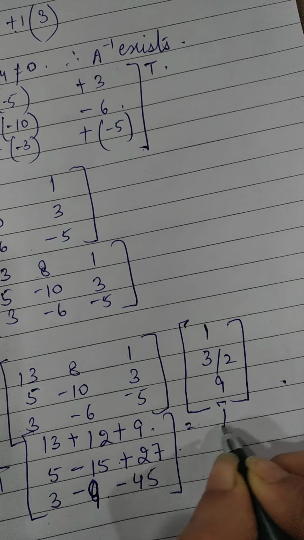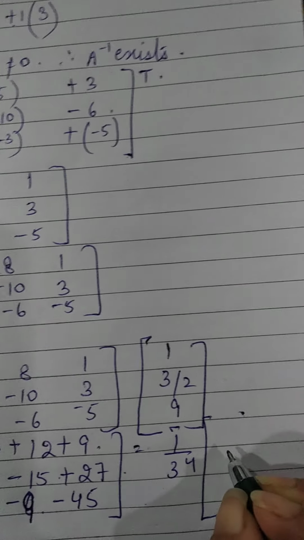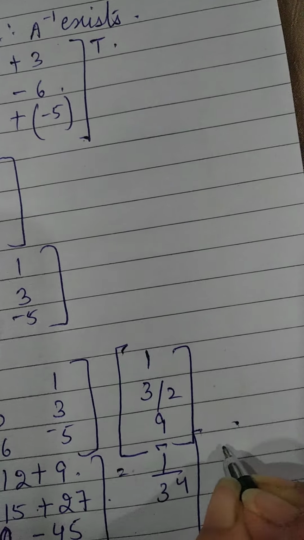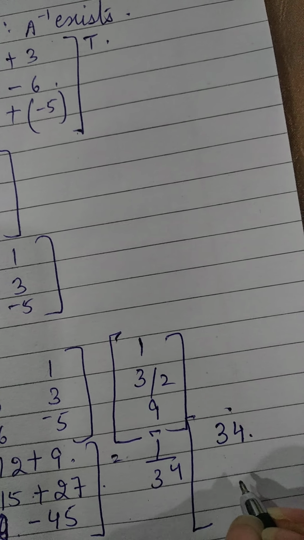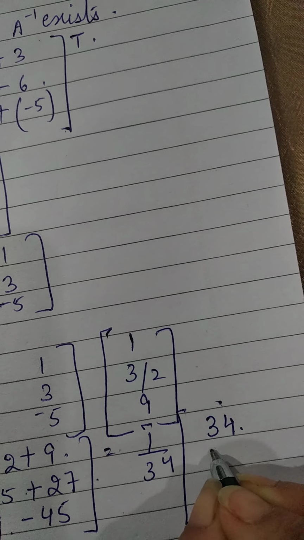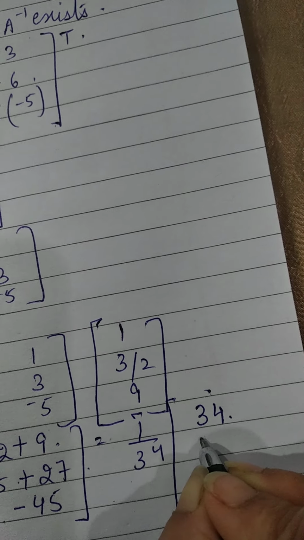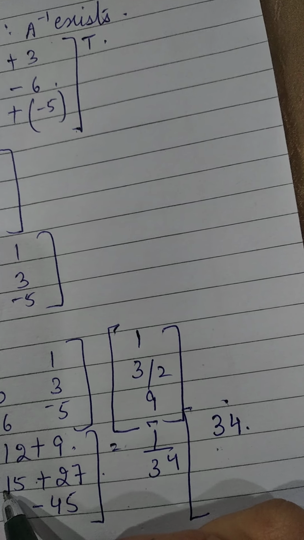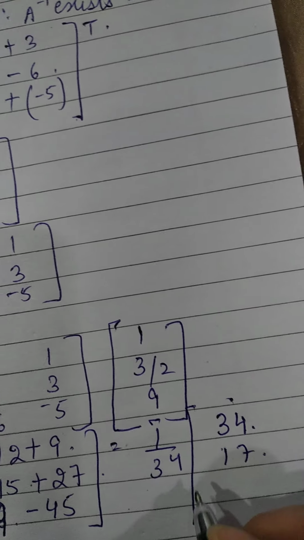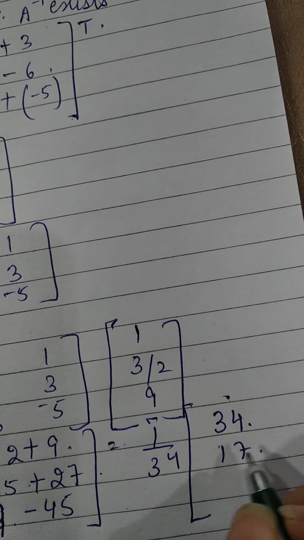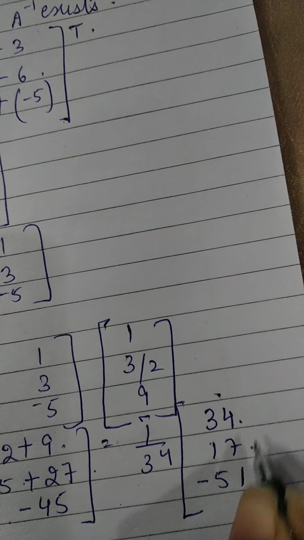So we have 1 by 34, and this is 13 plus 12, which is 25. 25 plus 9 is 34. This is 27 plus 5, which is 32. 32 minus 15, or we can say 5 minus 15 is minus 10. That's 17. And this is 3 minus 6 minus 9 minus 45, which is minus 51.